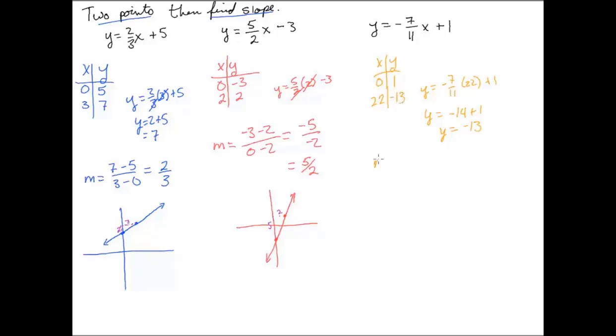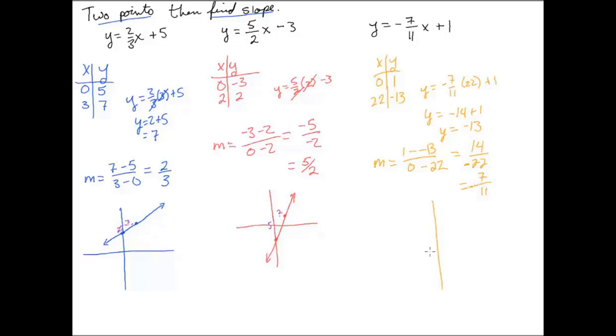Good. Slope here. If we do the slope of this one, we take y minus y over x minus x. So that's going to be 14 over 22, and that will reduce down to, negative, sorry about that, negative right there. 7 over negative 11, so negative 7/11.